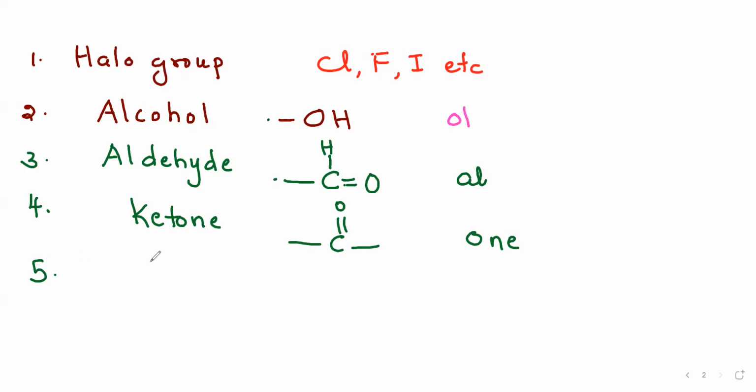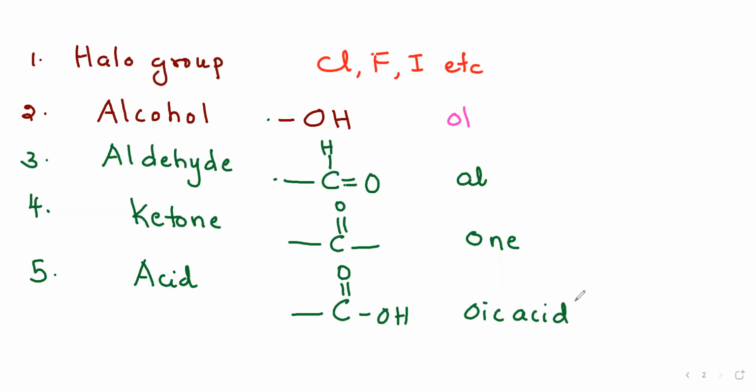And the last group is the acid group. The acid group is C double bond O, OH, which means it's a mix of your alcohol and ketone together, and the name will end in OIC acid.